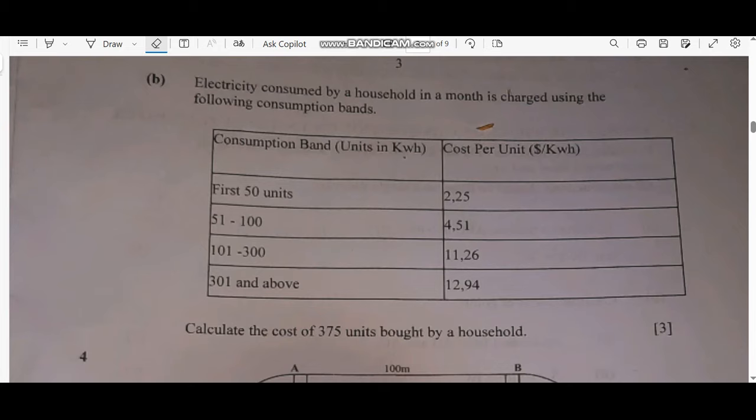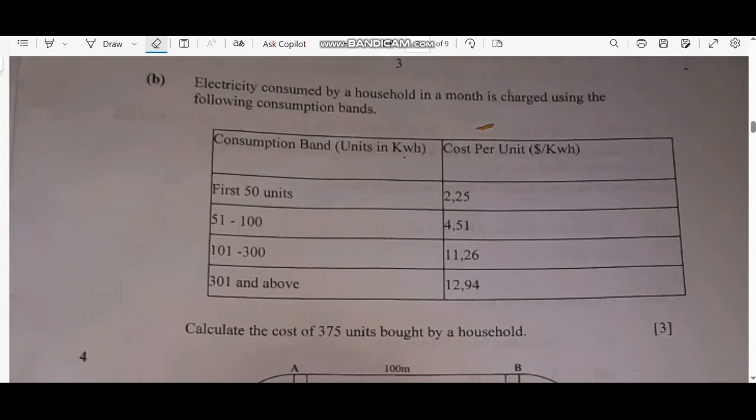The electricity consumed by a household in a month is charged using the following consumption bands. Consumption band in kilowatt hours, cost per unit in dollars per kilowatt hour. The first 50 units cost $2.25.